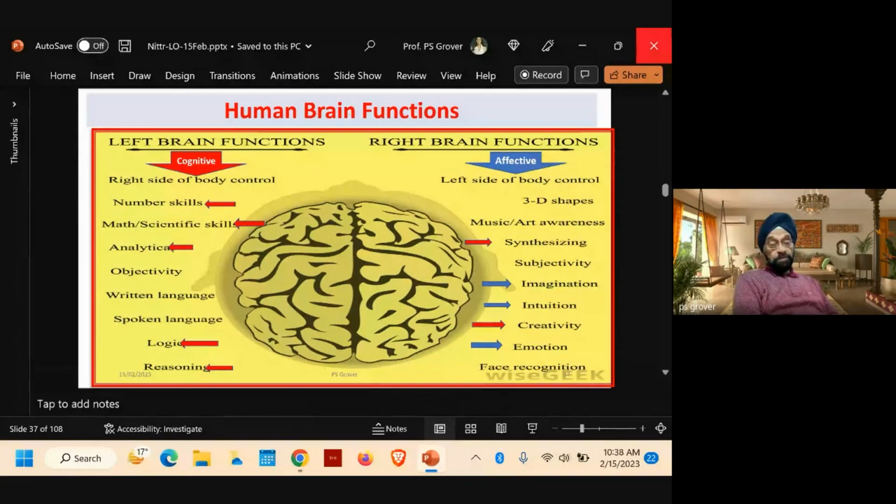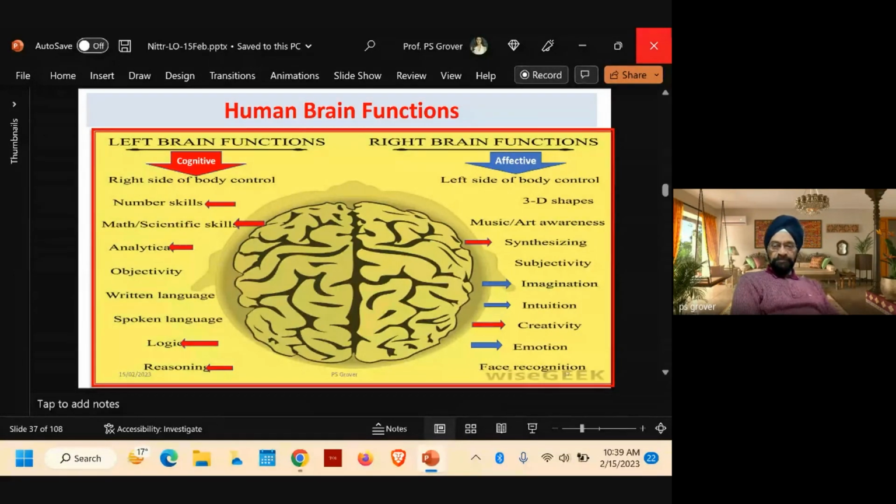If you look at the human brain, the left brain is very good in cognitive activities like number skills, mathematics, scientific skills, analytics, logic, and reasoning. And our right brain is very good at, or heavily emphasizes, creativity, emotions, imagination, looking at left side control, right side control.